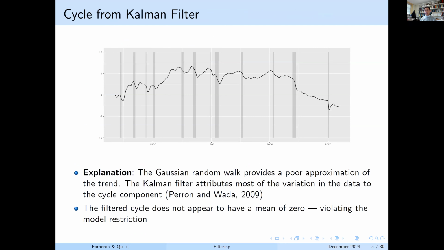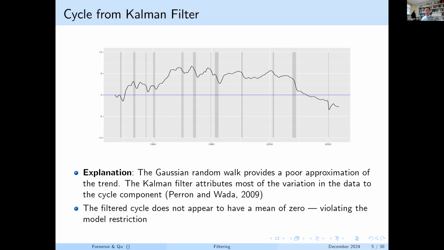If we do this, then we get the figure on this slide. The x-axis corresponds to time. The y-axis is the magnitude of the cycle component. The horizontal line is the 0 line.